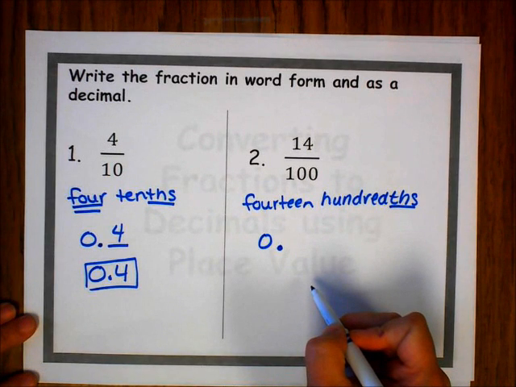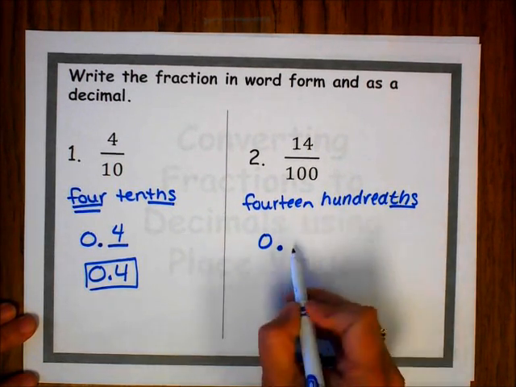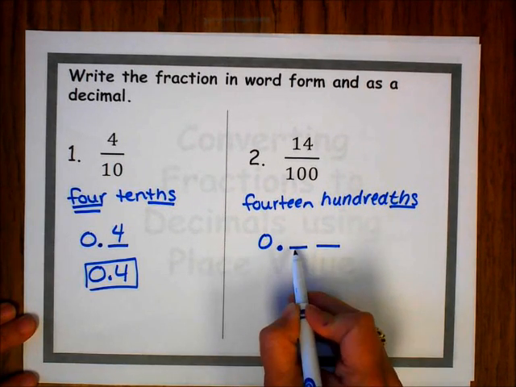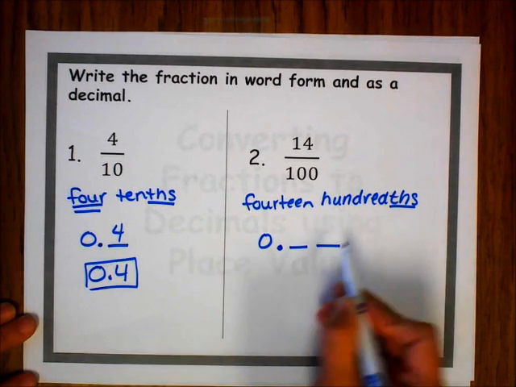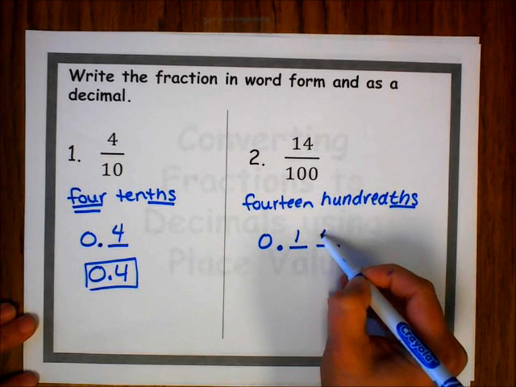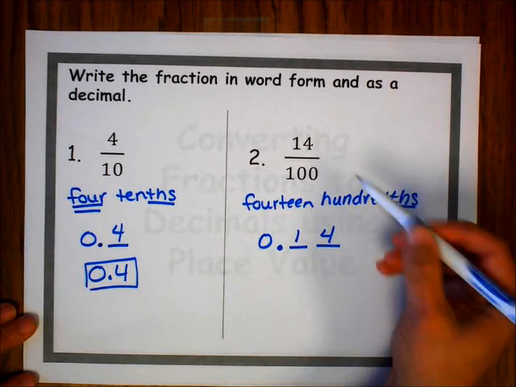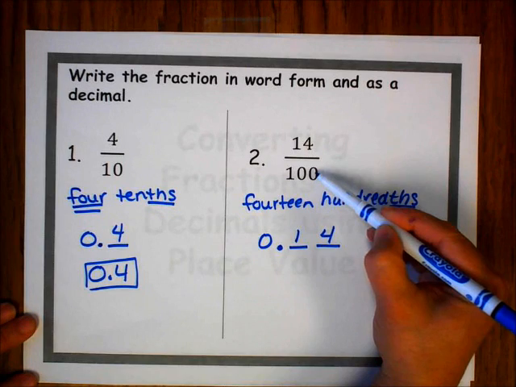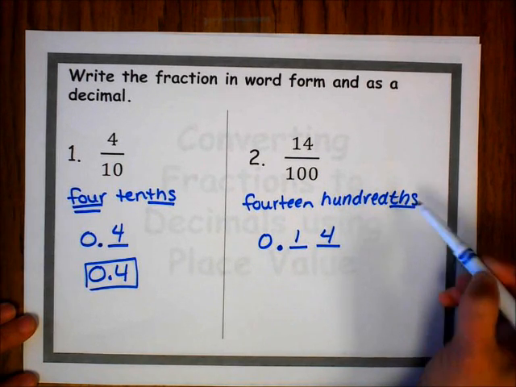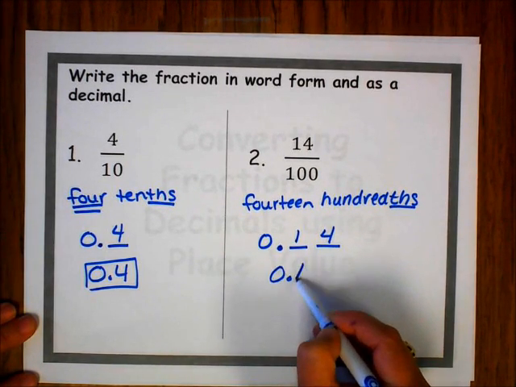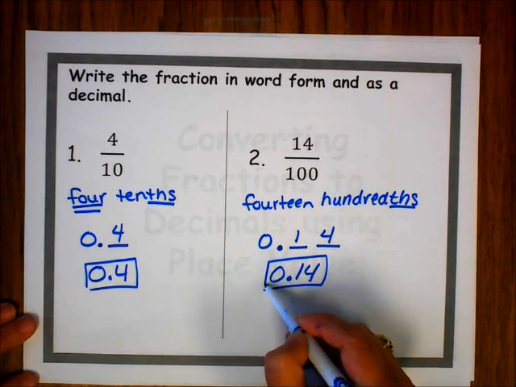So I'm going to put a 0 for a placeholder since there's no whole number. The hundredths place is 2 places behind the decimal, tenths, hundredths. So I fill in my numerator, 14. So the correct way to write 14/100 or 14 hundredths as a decimal is 0.14.